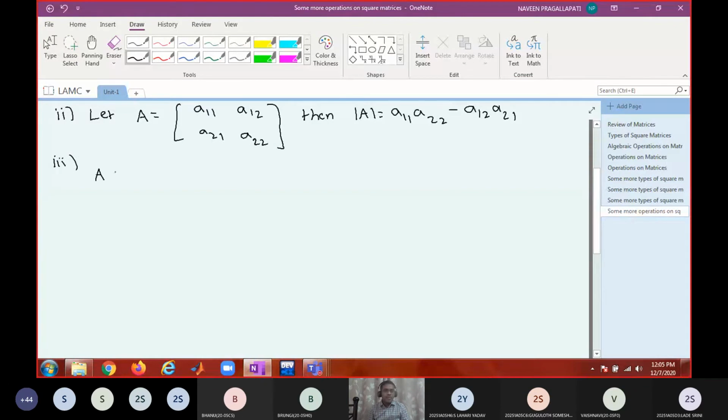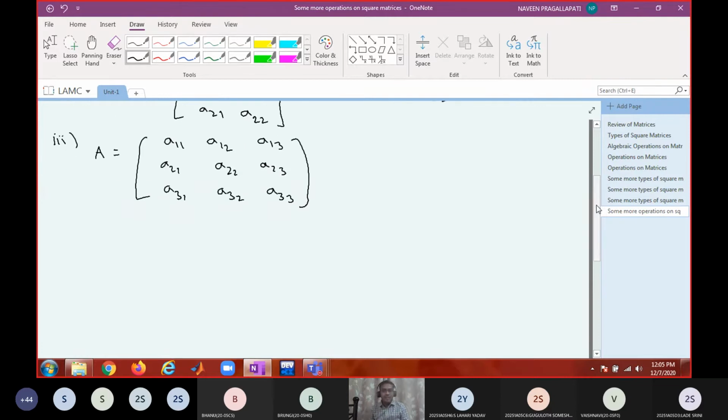A equal to a 3 by 3 matrix: A11, A12, A13, A21, A22, A23, A31, A32, A33. Now how you define the determinant of A, you know. I'm just writing that.